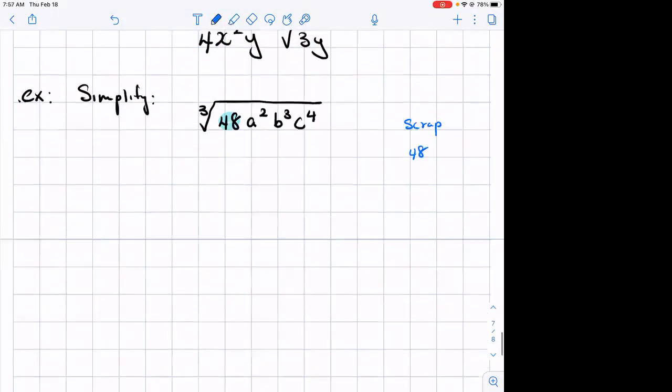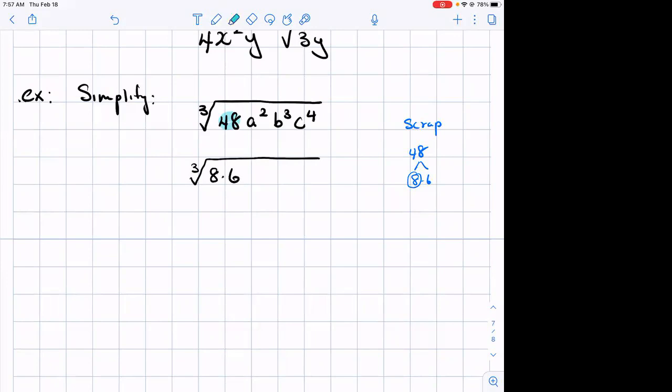48. Well, we're looking at a cube root now. So if you notice, okay, 8 times 6 is 48, right? 6 8s are 48. And 8 is a perfect cube. We're looking for cube root. So I can rewrite this as the cube root of 8 times 6.